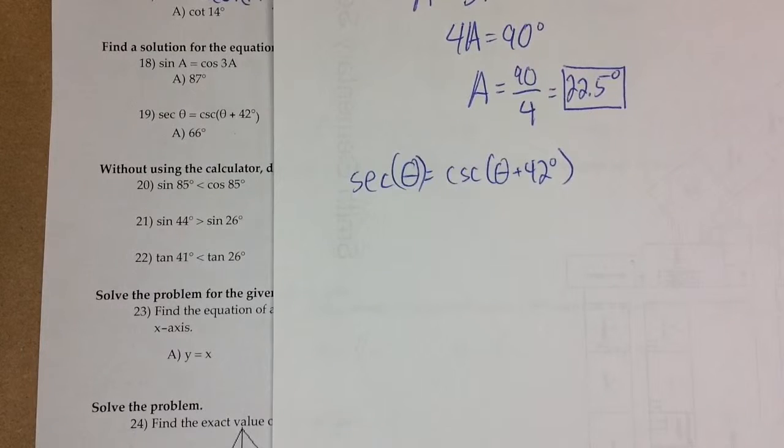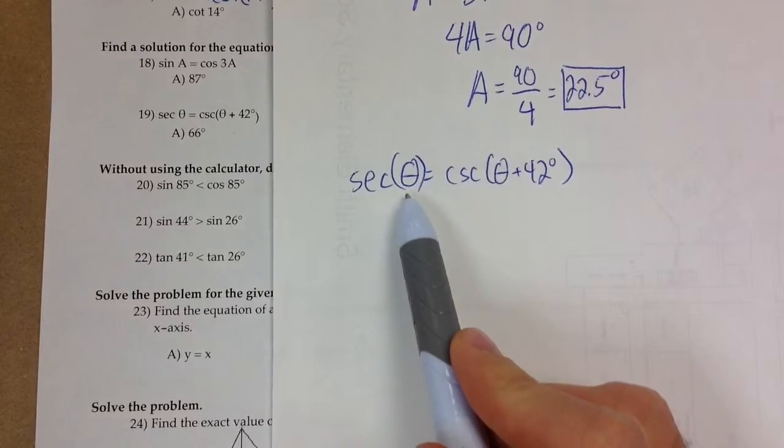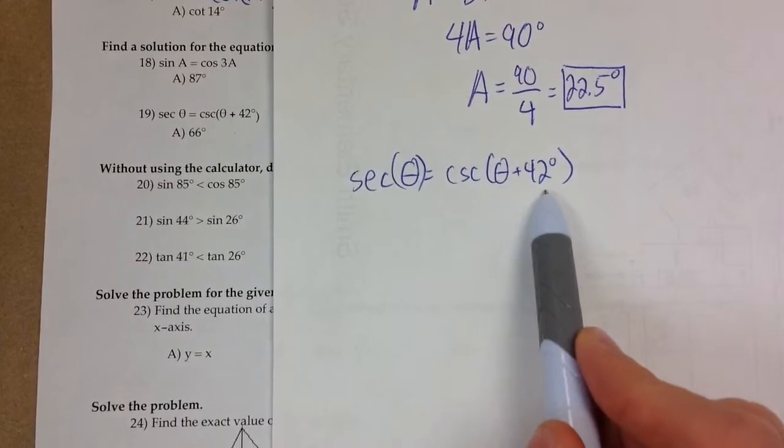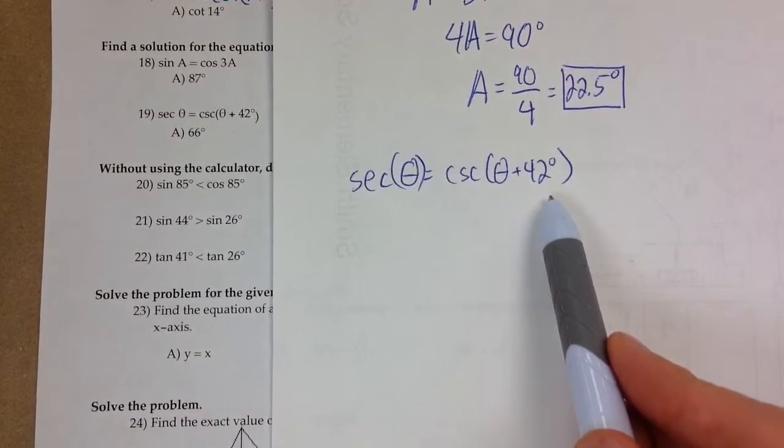Do you subtract theta plus 42? Oh no, you cannot. And the reason is because these things inside the parentheses are off limits to you.